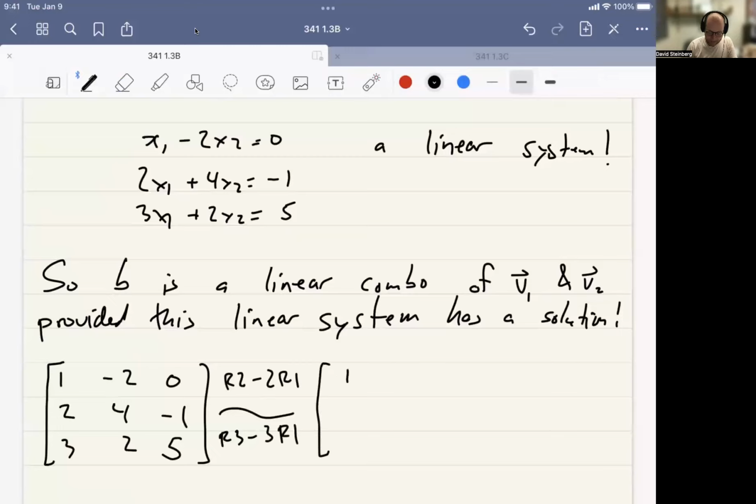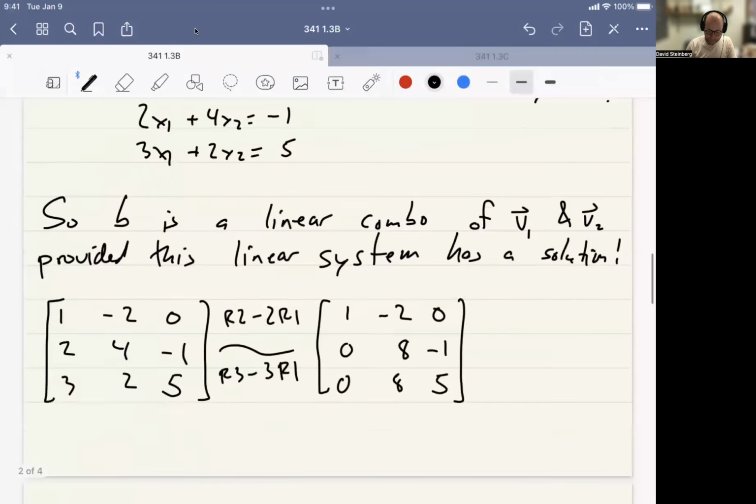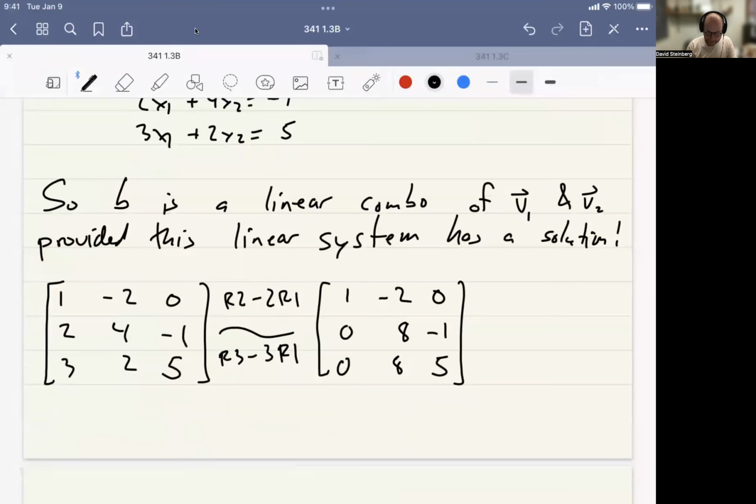We'll get [1, -2, 0; 0, 8, -1; 0, 8, 5]. We can do this once more with row 3 minus row 2, giving [1, -2, 0; 0, 8, -1; 0, 0, 6].